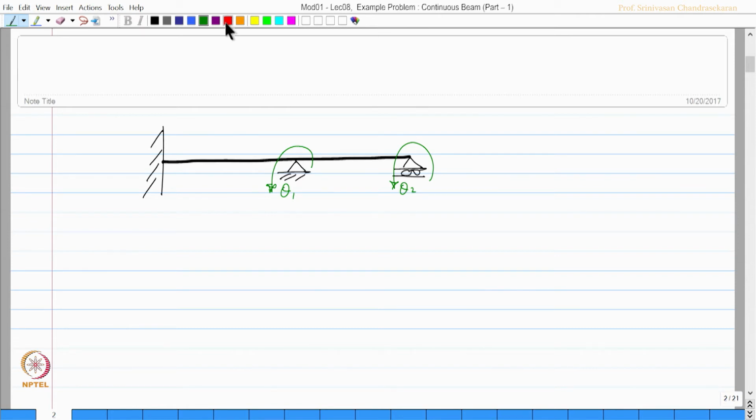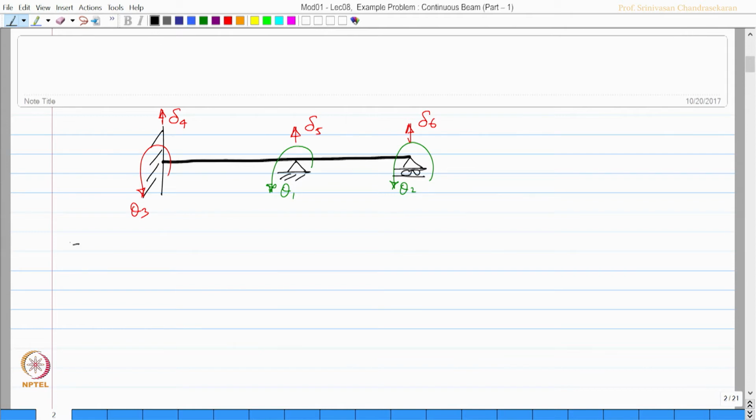Then the restrained displacements, rotation, displacement and then displacements at B and C. So, this gives me the following hints.